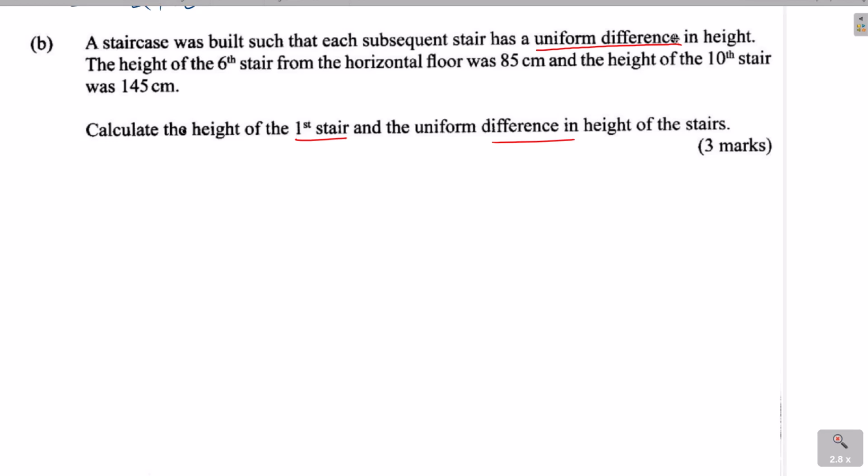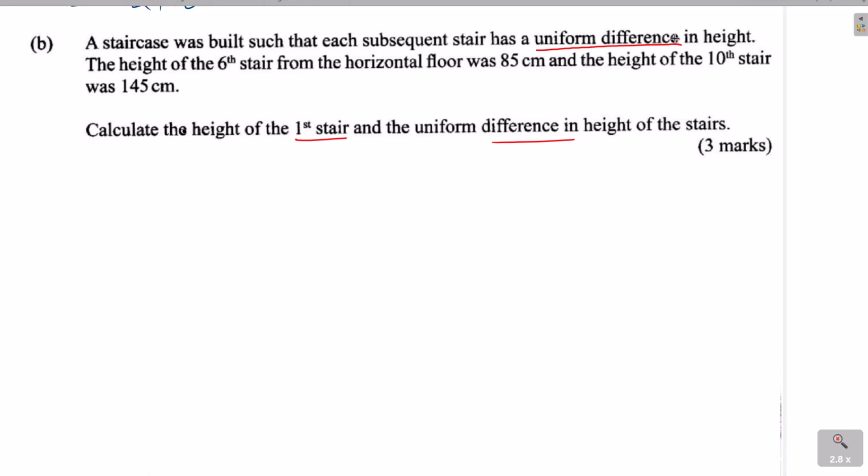So the stairs are forming an arithmetic progression, because there is a uniform difference between one stair and the next. So the 6th stair in this case will represent the 6th term of an arithmetic progression.